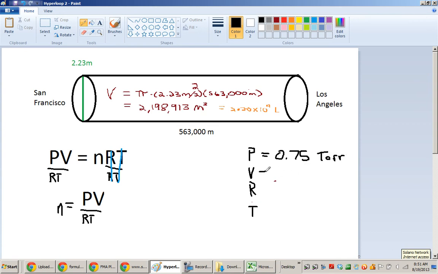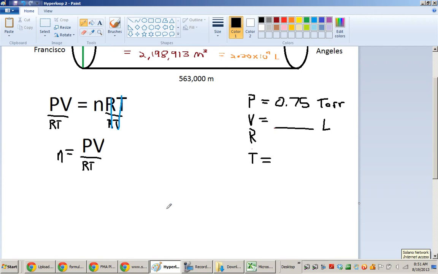And for volume, we already calculated it to be that, so it's that many liters. And for temperature, we can calculate this in Kelvin. So we'll work on this.